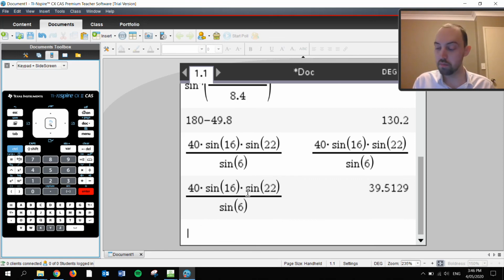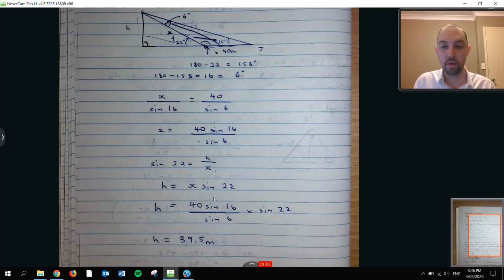Fraction looks good to me where I've typed it into the calculator, so that's useful. Same thing, we get height is equal to 39.5 meters, because that's what we're working in.